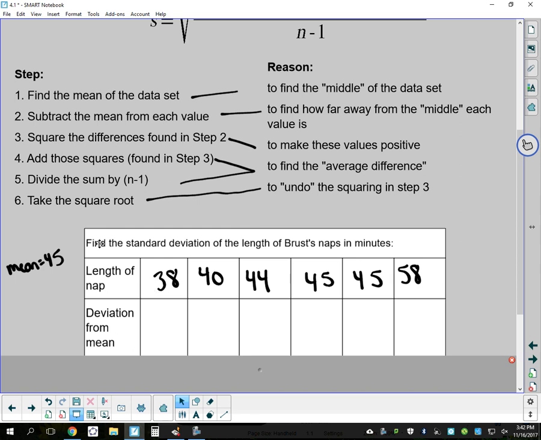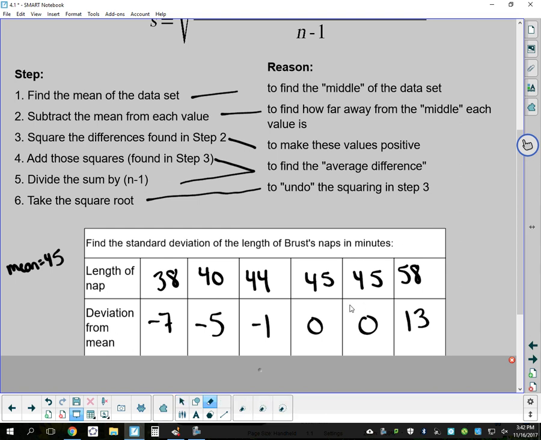Careful of that order. -7. 40 minus 45 is -5. 44 minus the mean, -1. 45 minus 45, 0. 45 minus 45 again, 0. And then 58 minus 45 is 13. Okay, so that's step 2. Now we know how far each data value is from the mean.